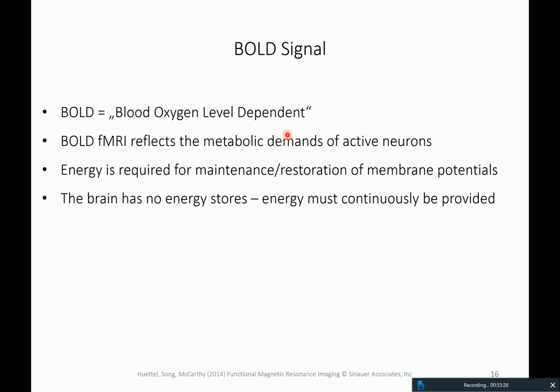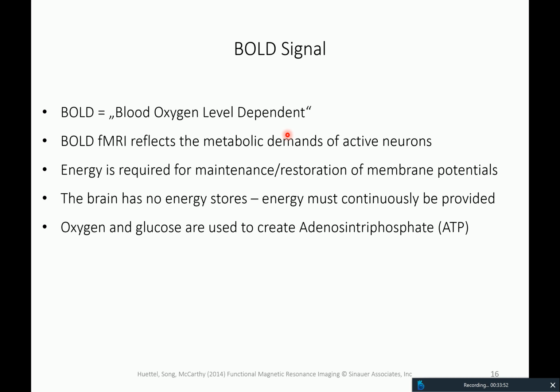Energy stores in your body are, for example, the glycogen in your muscles and your liver, or the fat stores that can be used to create energy. But the neurons don't have glycogen stores or fat stores, so the energy must always be provided via the blood stream. And of course, the main energy sources for the brain are glucose and oxygen.